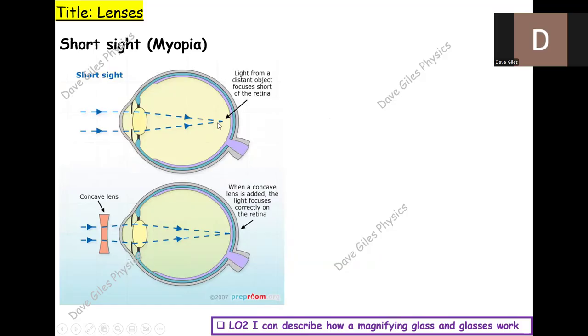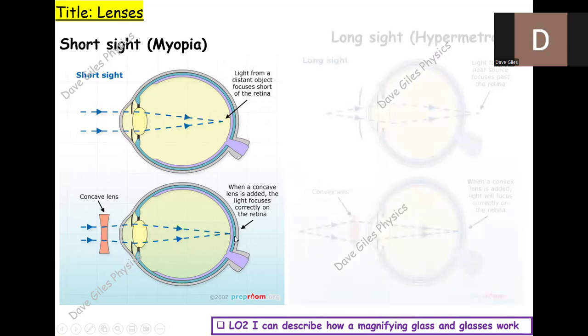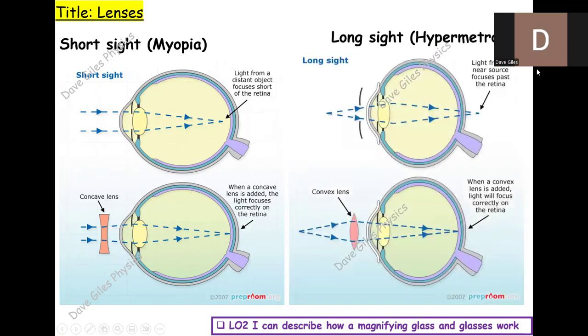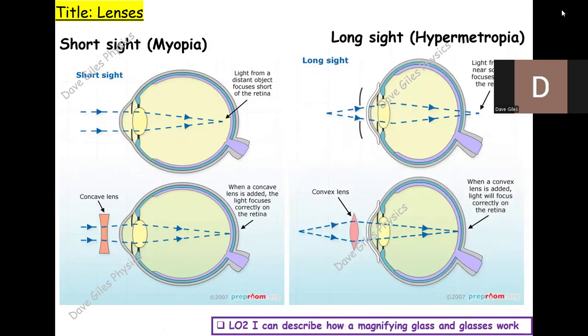Okay, so it's focusing too close when it's at a distance. So you use a concave lens to correct that and get the focus in the right place. Whereas if a person is long-sighted, light from the source focuses past the retina, so it's focusing here because you want it focused on the retina. So you use a convex lens to correctly focus it.